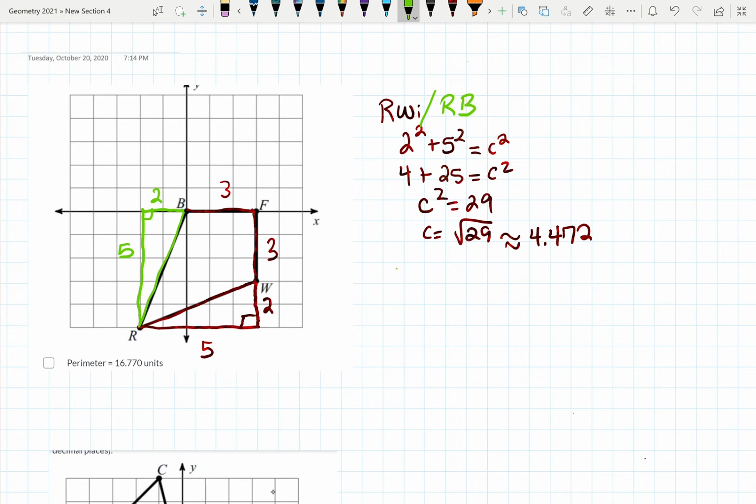So if I wanted the perimeter, I would just add 3 plus 3 plus 4.472 plus 4.472, and that would give me the perimeter. And it's approximately 14.944 units.